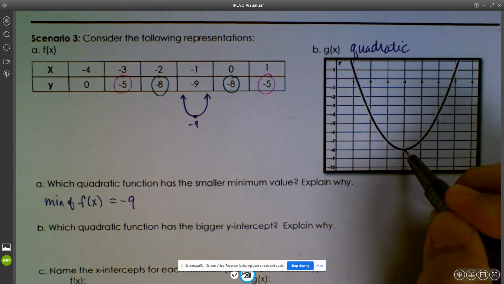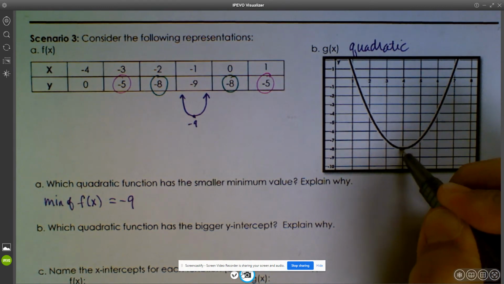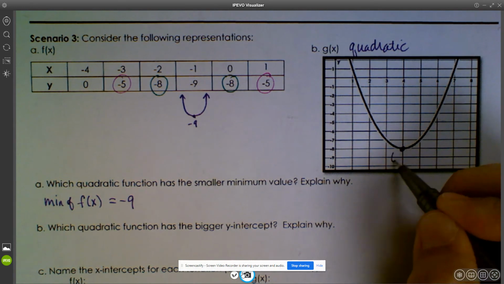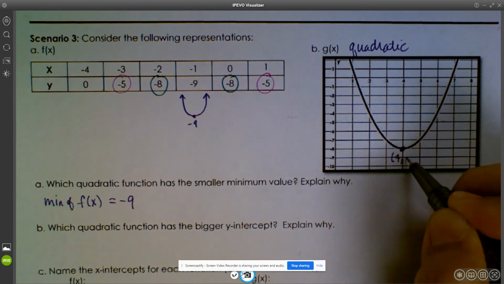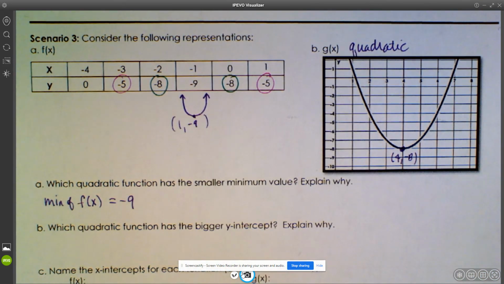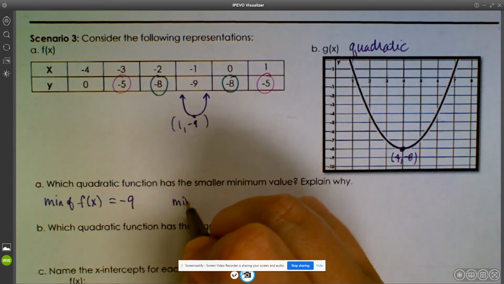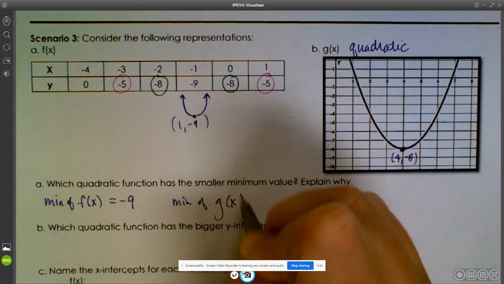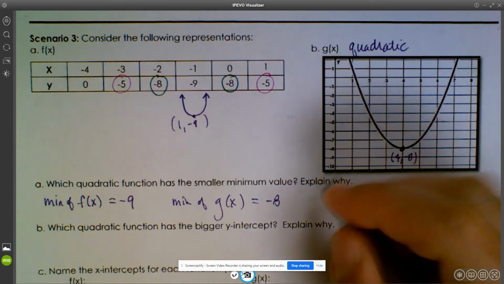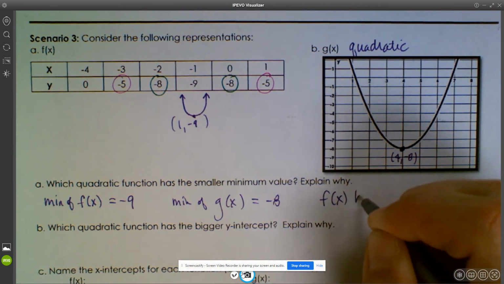Look here, this minimum value is at my vertex. Let me write out my vertex. And this one is 1, -9. And then the minimum of g of x is -8. So f of x has the smaller min.